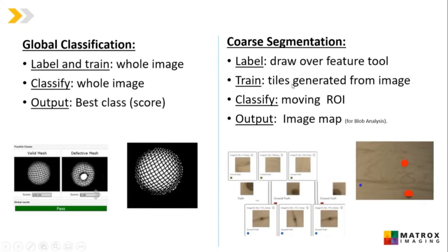The training, again, internally, there's an algorithm that will generate tiles, and the classification process also, internally, there's a smart tile that would be moving through the ROI. But what's interesting is the output. Resulting output is an image map with pixels corresponding to the different classes.